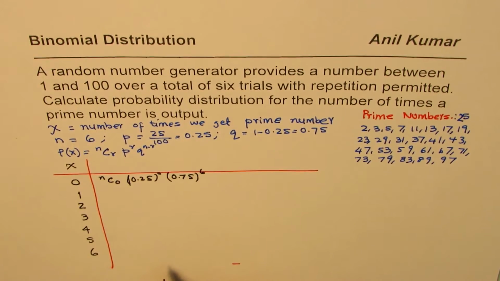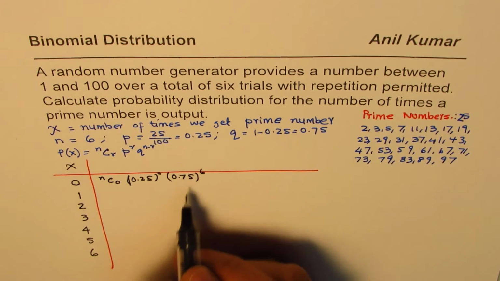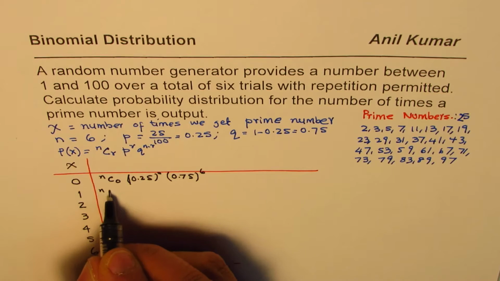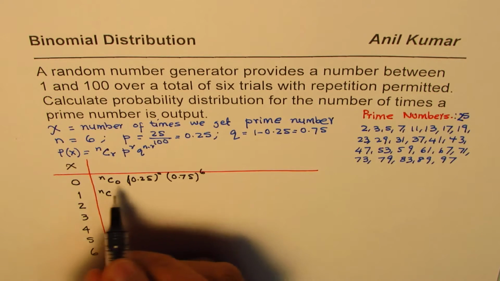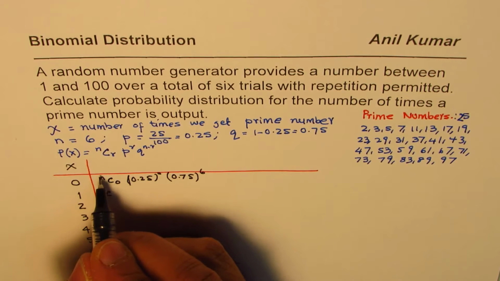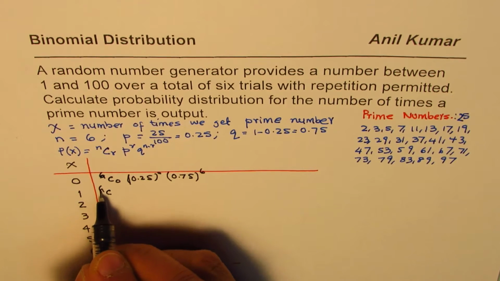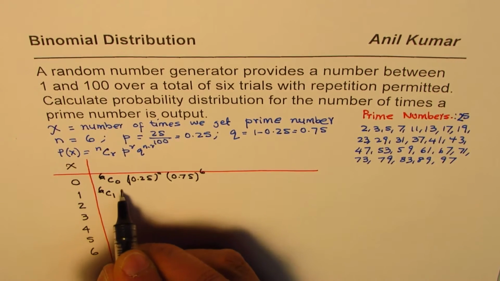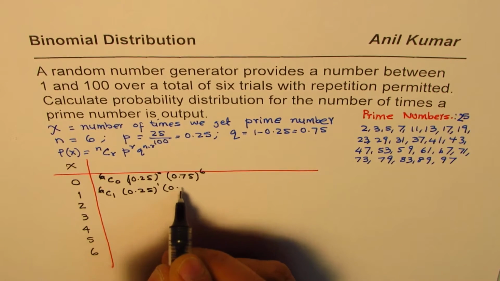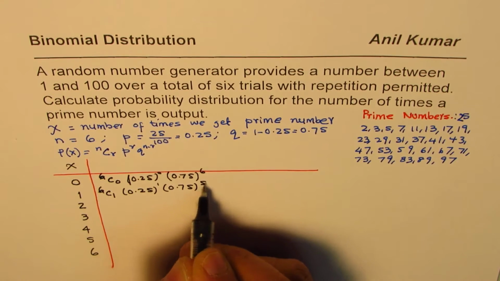So all 6 are failures, that means not prime numbers. When one of them is a prime number, that one number could be placed in 6 different places. So I should write 6 instead of n. So it is 6C1, 0.25 to the power of 1, 0.75 to the power of 5, correct?